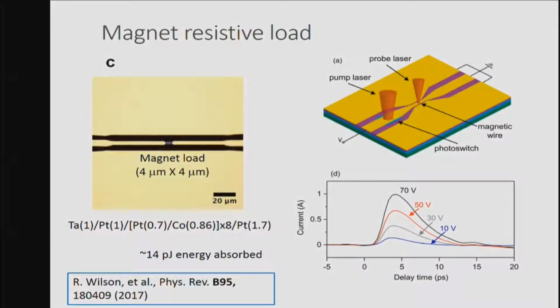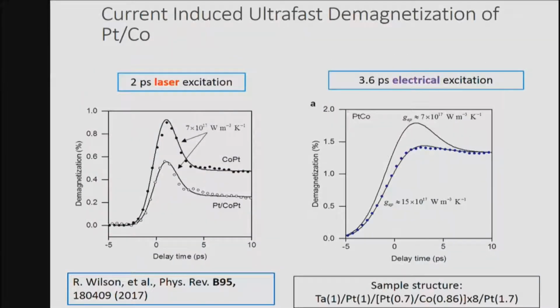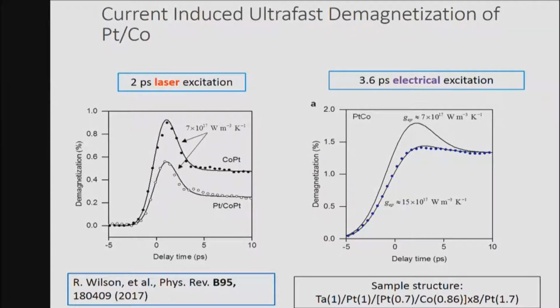And what we found is that, this is the data right here, in this simple ferromagnetic layer, we were able to induce ultra-fast demagnetization, like the first experiment I showed you for nickel. And the demagnetization happens on the same time scale as that of the electrical pulse.